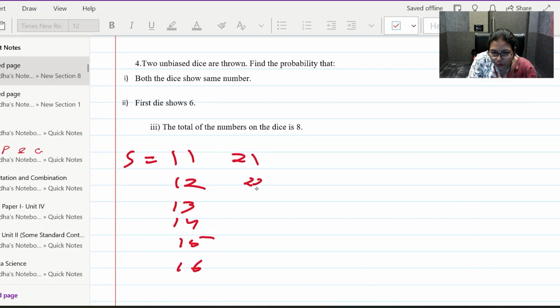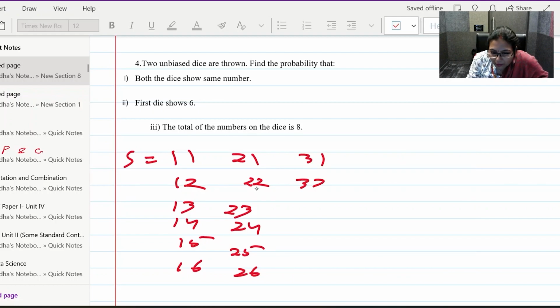Then 2 1, 2 2, 2 3, 2 4, 2 5, 2 6. So this way we have to write all the numbers: 3 1, 3 2, 3 3, 3 4, 3 5, 3 6. Then 4 1, 4 2.